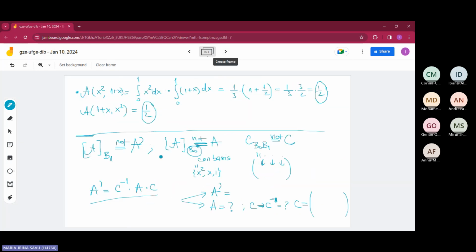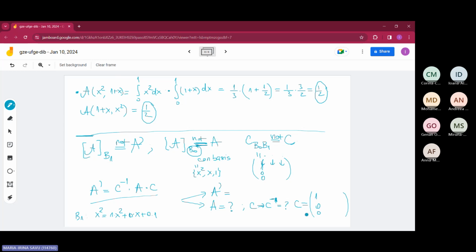So you know that the first element of B1 is x squared, which is exactly the element of B0. So you will put here 1, 0, 0. Okay, because x squared from B1 is 1 times x squared from the canonical basis plus 0 times x plus 0. This is 1, 0, 0.